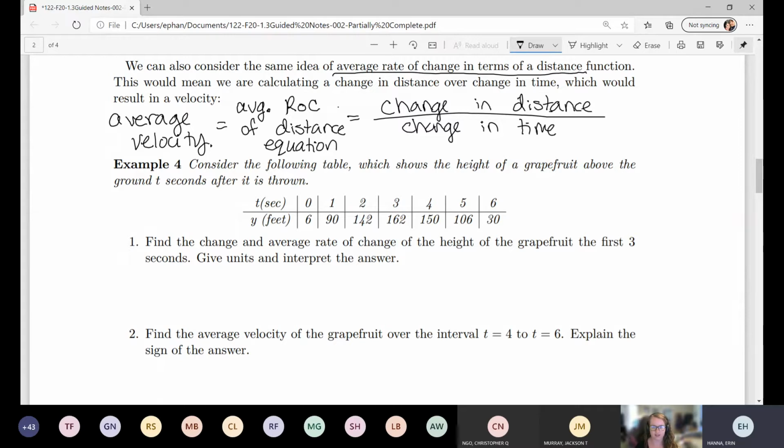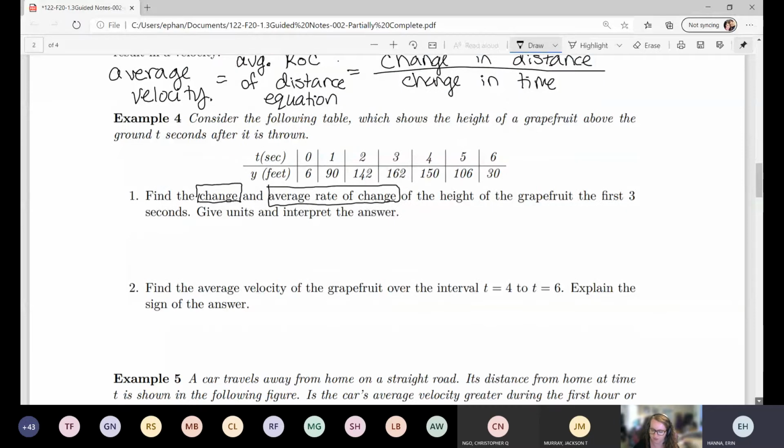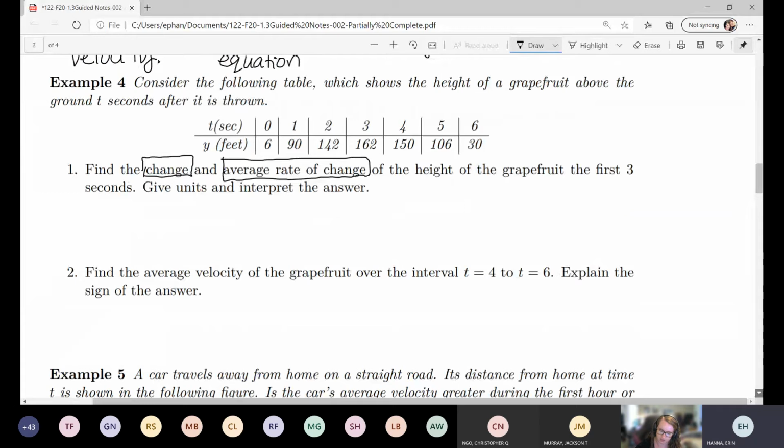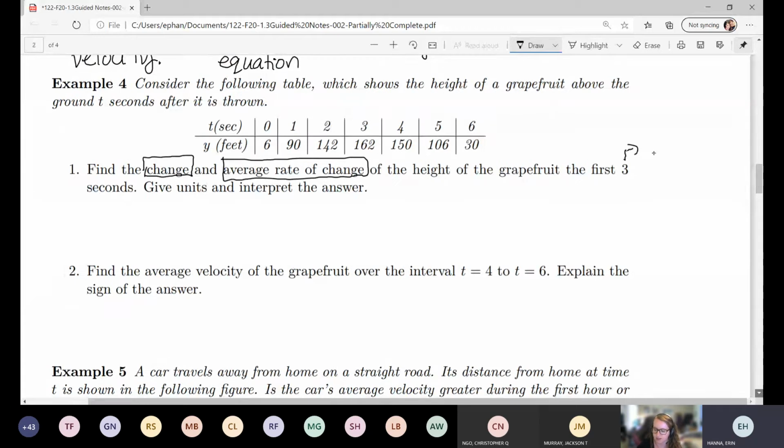Say I want to find the change, and then the average rate of change of the height of the grapefruit in the first 3 seconds. So if I think about what it means for the first 3 seconds, that's going to tell me that it's between t equals 0 and t equals 3.